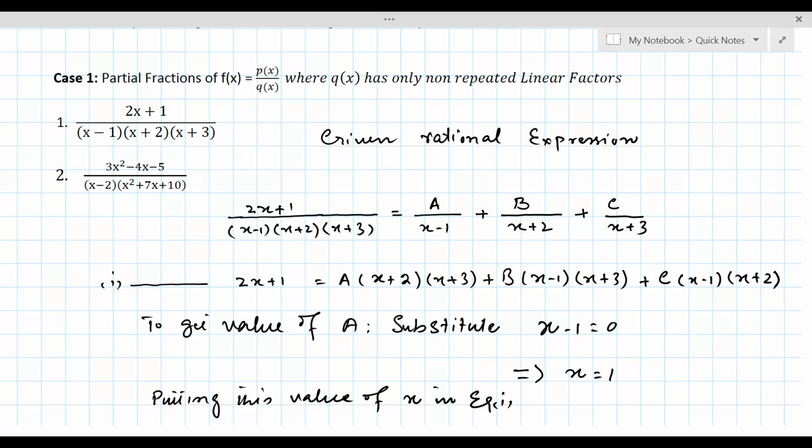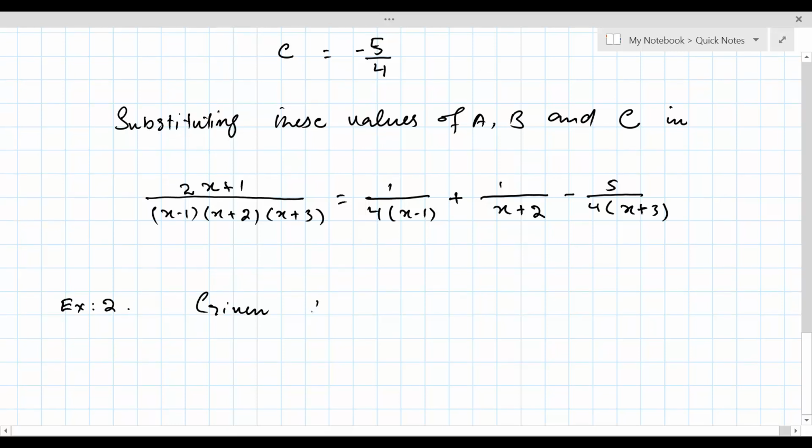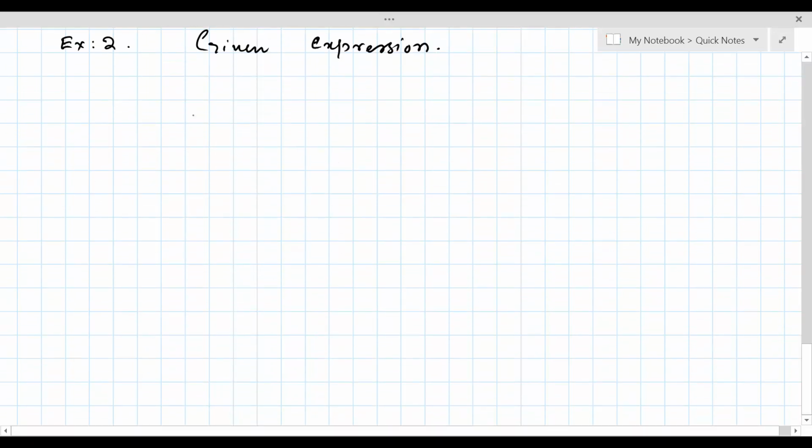So if we write this down, given expression is 3x square minus 4x minus 5 divided by x minus 2 times x square plus 7x plus 10.